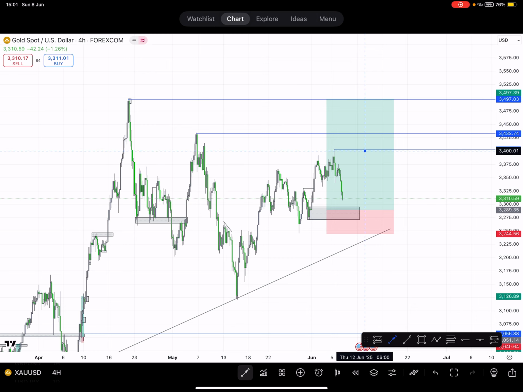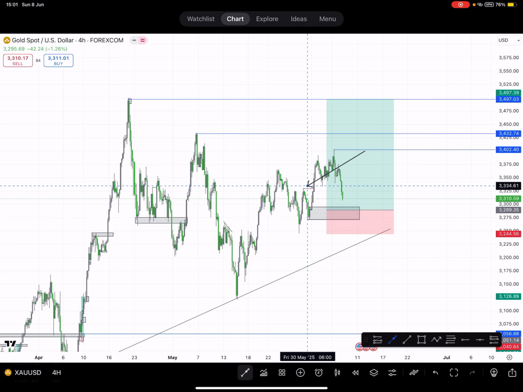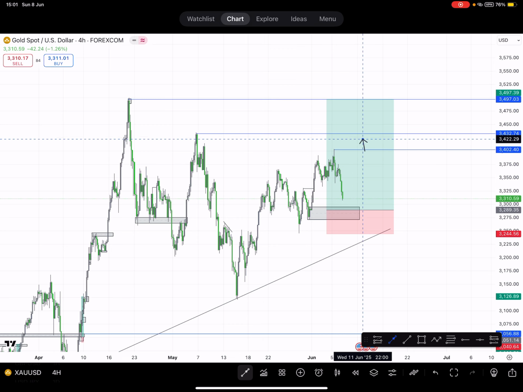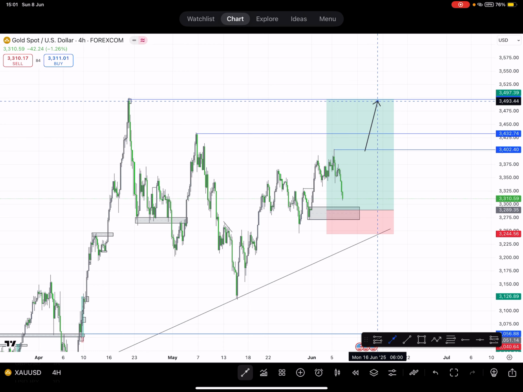I'll have to put my break even at the break of structure, just in case price comes down or hits this point, liquidates this point, and fails to pass through these points and starts reversing.